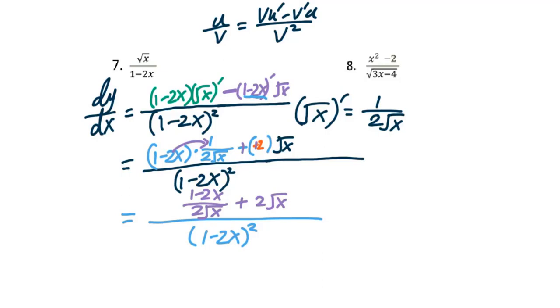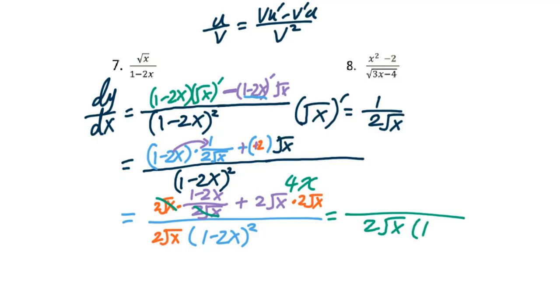So for every single term, you multiply by 2 square root of x, every single term for this fraction. This is gone. Then you will get 4x here. We organize. You will get 2 square root of x, 1 minus 2x squared.